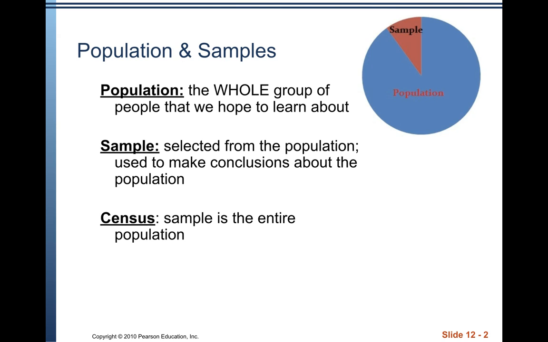A census is when your sample is the entire population. 99.9% of the time, a census is impossible. It's virtually impossible to do. Some of you might know the term census. If you've taken a government class before, you might know that every 10 years, the federal government conducts what they call a census. Really, it's a population count of all the people living in the United States.